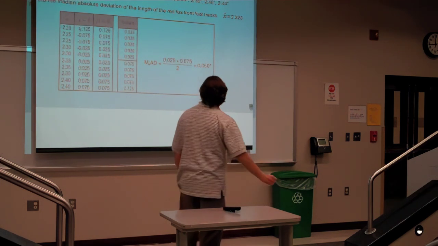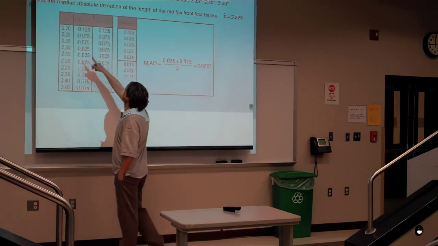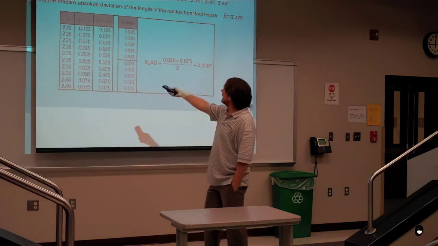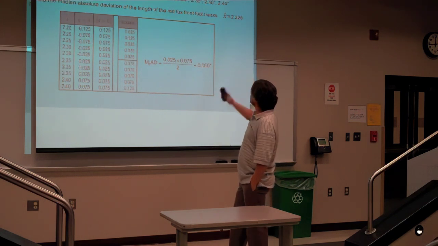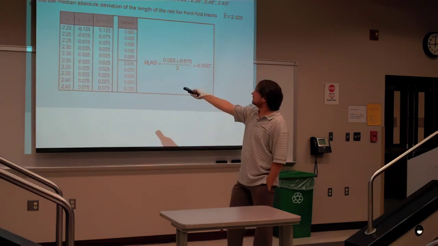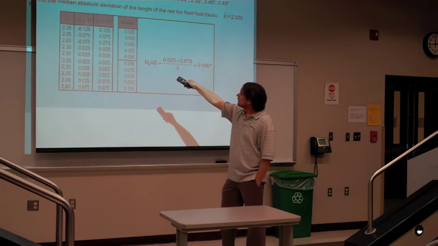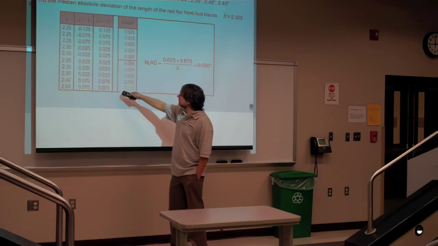So I subtract that from all the scores. So 2.2 minus 2.325 turns out to be negative 0.125. 2.25 minus 2.325 is negative 0.075. We do that for this whole column. Now, just like before, we take the absolute value of these.